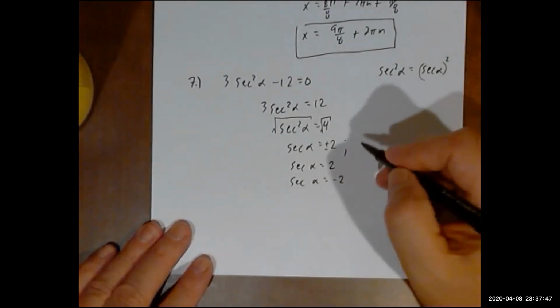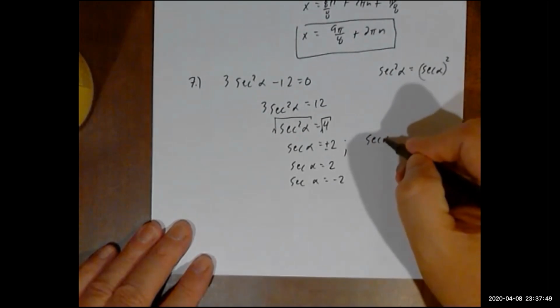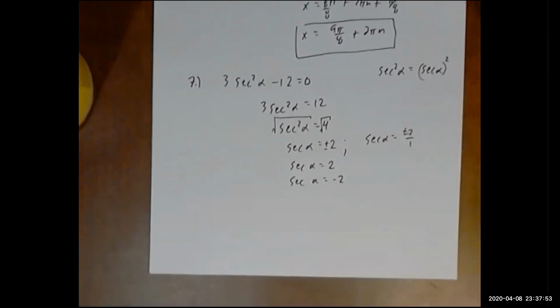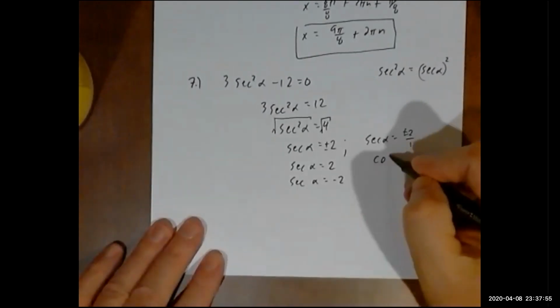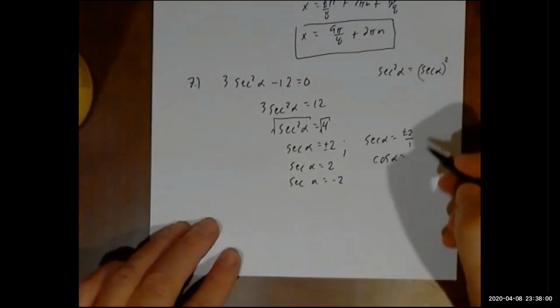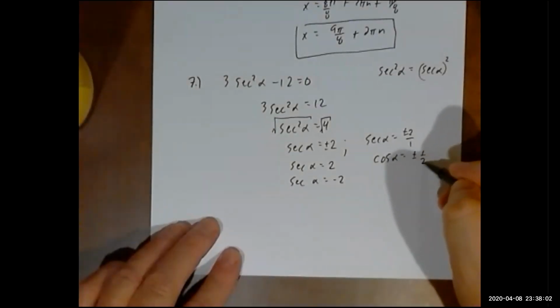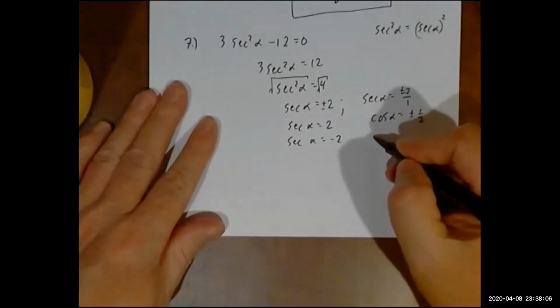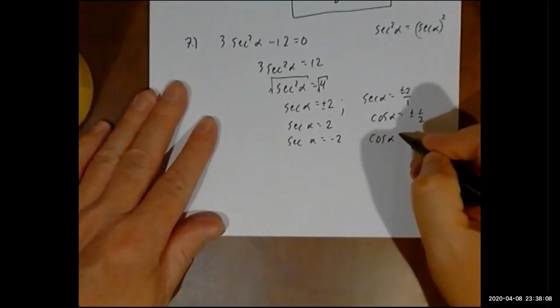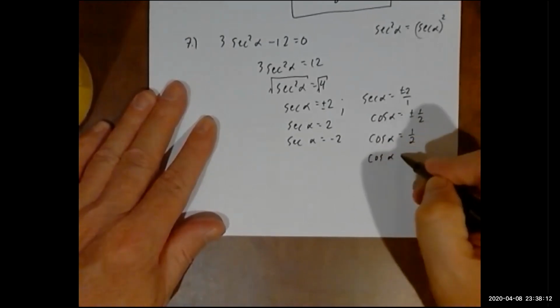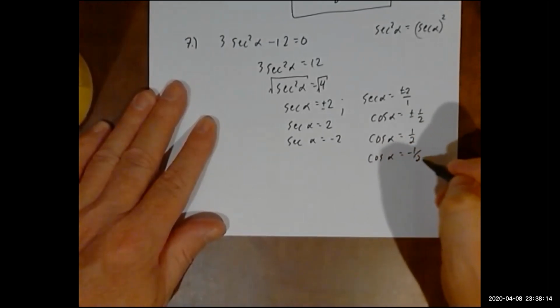So basically, if secant of alpha is plus or minus 2, I turn it into a fraction. And then when I switch it to cosine, I flip the secant. And it becomes plus or minus 1/2. So really, what I have is cosine of alpha is 1/2. Cosine of alpha is negative 1/2.